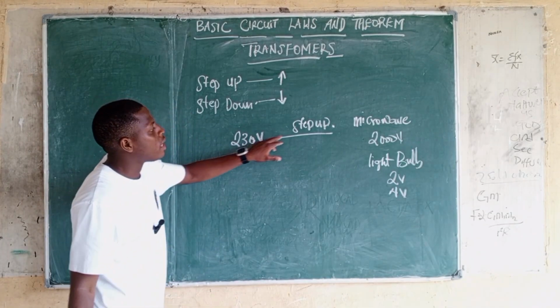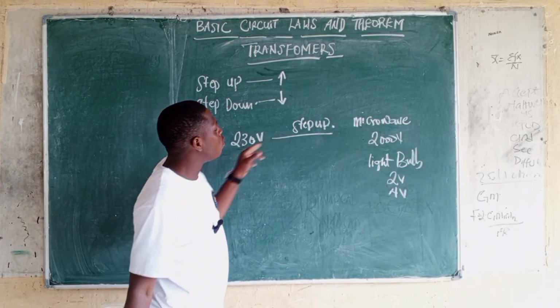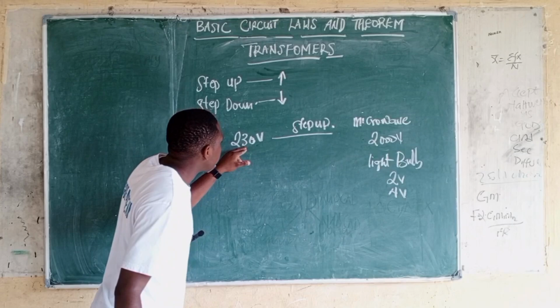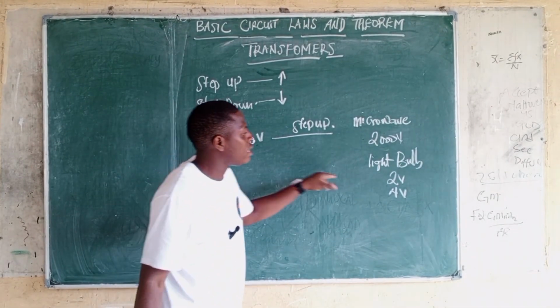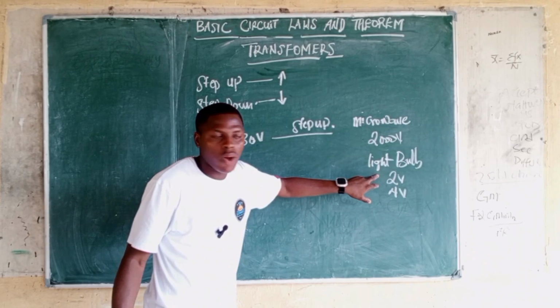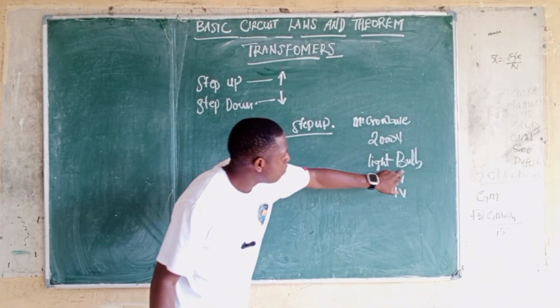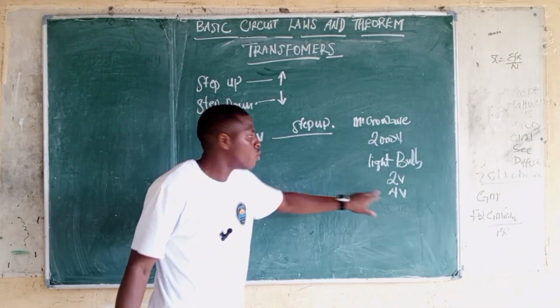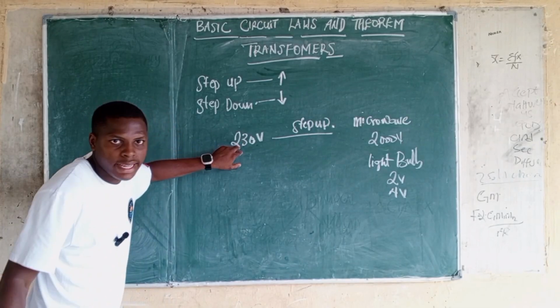Now, the step up transformer simply increases your voltage to the required amount. And your 230 volt supply, if you connect it directly to your light bulb, it's going to burn. Why? Because it requires a small amount of voltage, like 2 volts or 4 volts. But here you are having 230 volts.